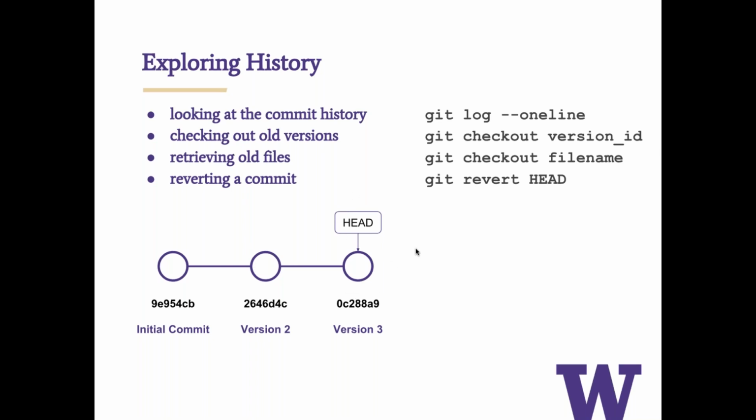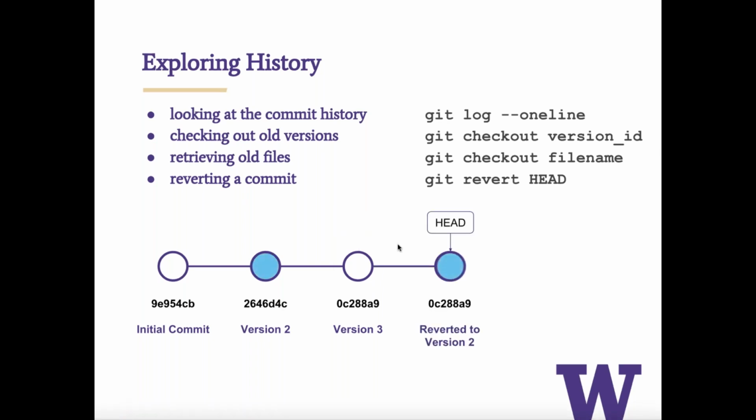So basically, it went back and it created a new commit, which is exactly equivalent to that version. So in some sense, it increased the number of versions, but on the other hand, we're safe because we know that for sure we didn't lose anything. So this way you can actually revert several commits if you want to, or you can even have the option to check out a few specific commits and just look at them, or just a specific file.